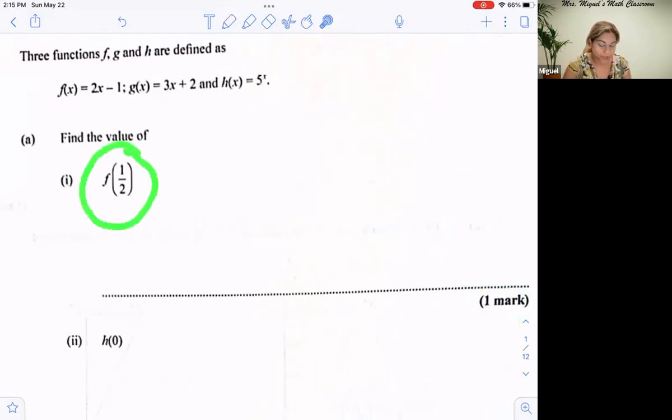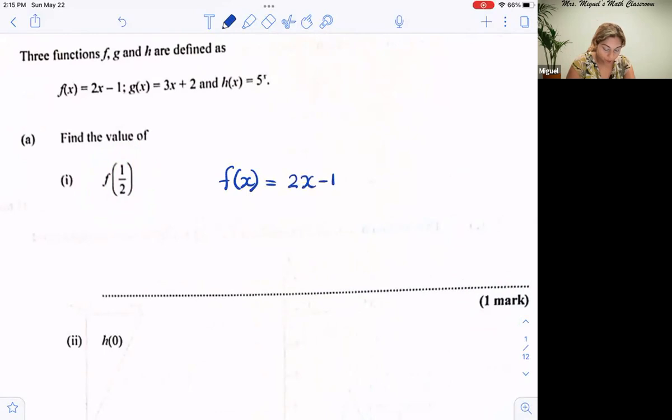And this is what we call function values. Now, some students really don't have a clue as to what to do here. They see f of a half and they really don't know what to do. Well, the first thing we're going to do is write the function f of x. Now, if I write f of a half, you can clearly see that a half takes the place of x.